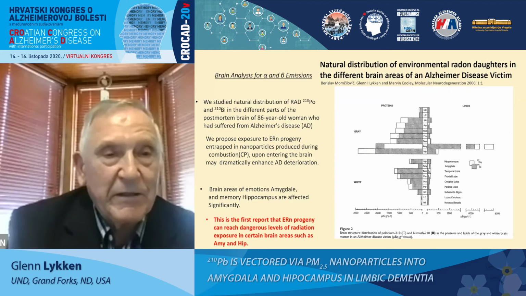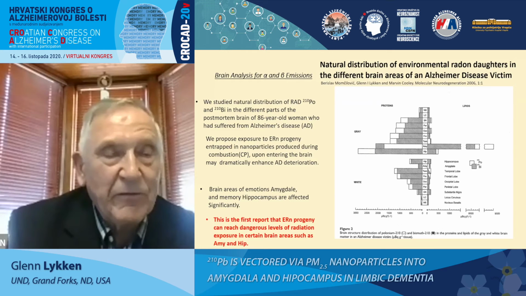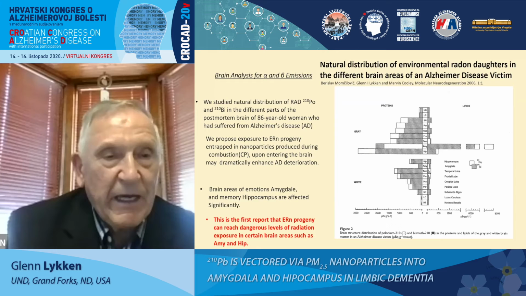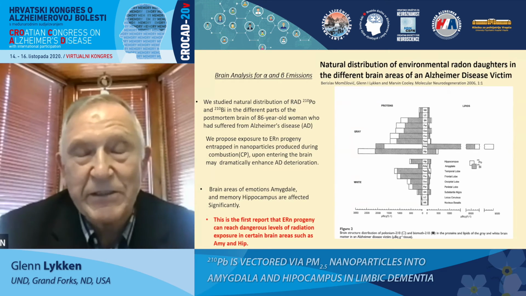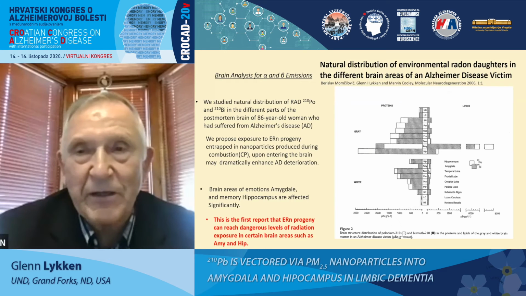The amygdala and the hippocampus are the ones with emotion and memory. So this is the first report that radon progeny can reach dangerous levels of radiation in the brain. That was published a number of years ago. Next one, please.